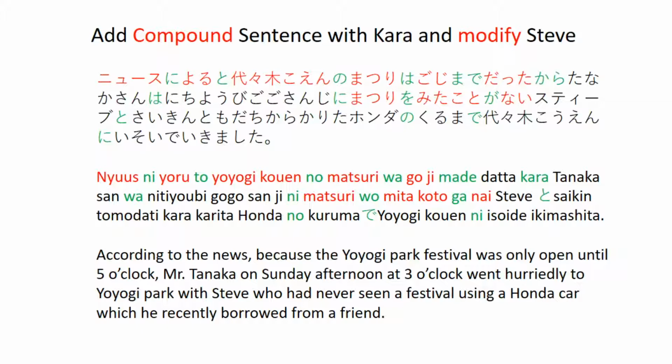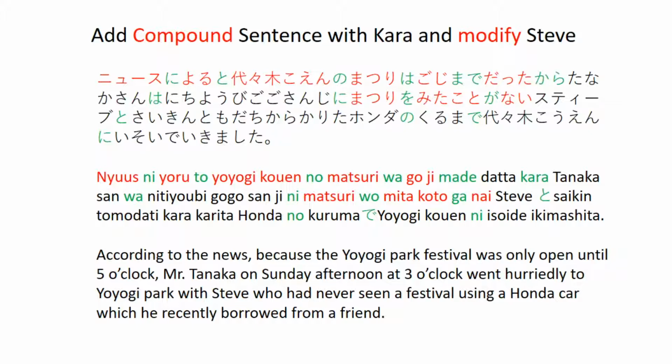Wa is the topic marker of that sentence. We're talking about the festival. Goji made, until 5. Datta is the past informal form of desu. Kara, because. So we have a whole sentence here that says basically, because the Yoyogi Park Festival was only open until 5 o'clock, Tanaka-san jumped in his car and went with Steve to the festival.